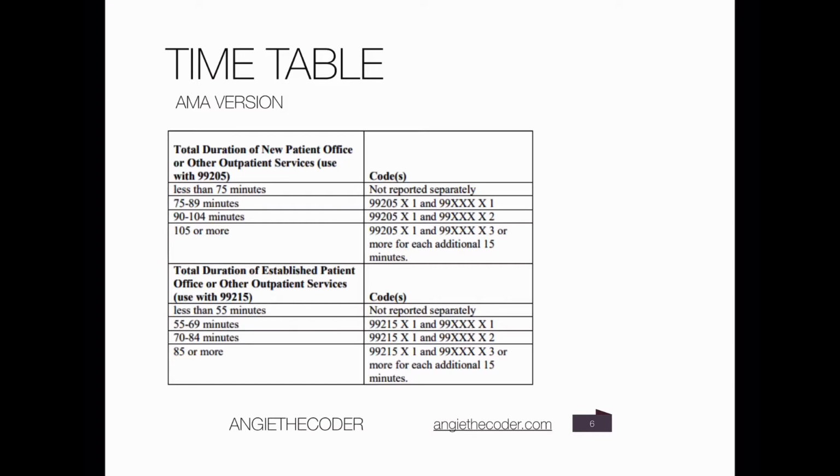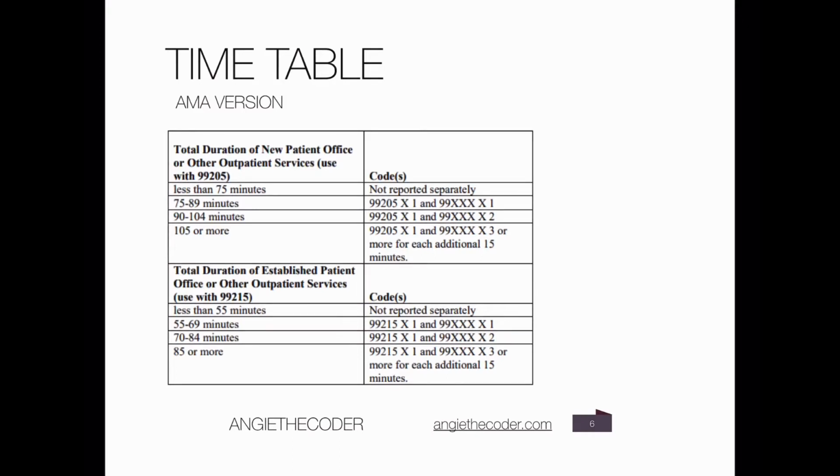If you spent 75 to 89 minutes with the patient, then you could report 99205 plus 1 unit of 99XXX, and so forth. So if you spent 90 minutes to 104 minutes with a patient, you could bill 99205 times 1, and then your 99XXX times 2, and so forth.